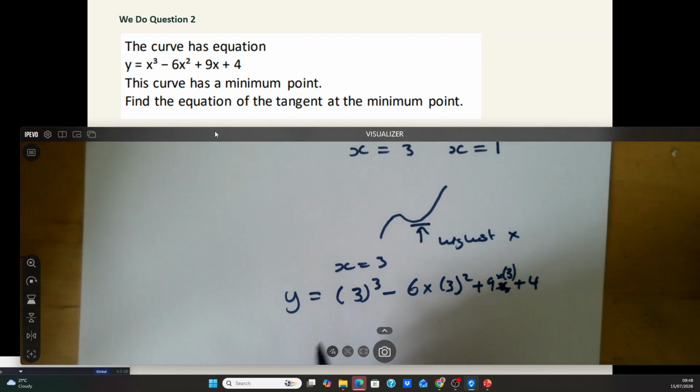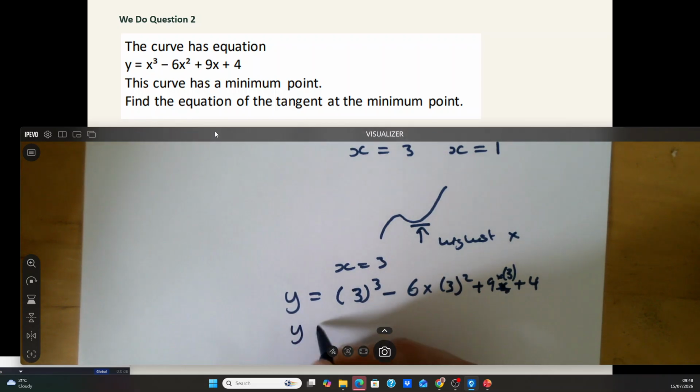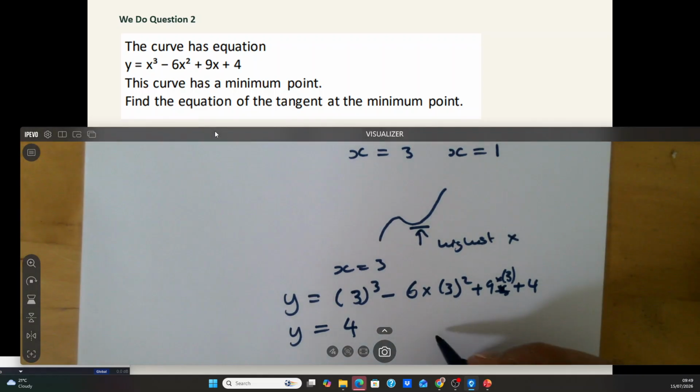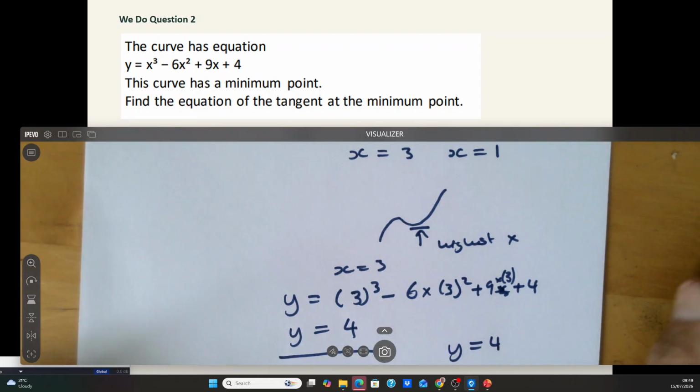Press equals, gives me y equals 4. So my minimum is at y equals 4.